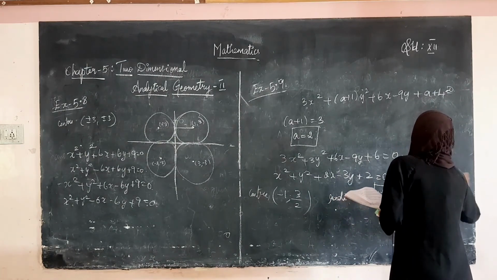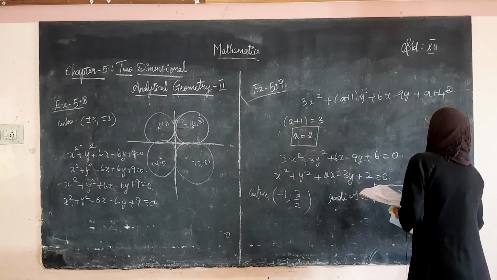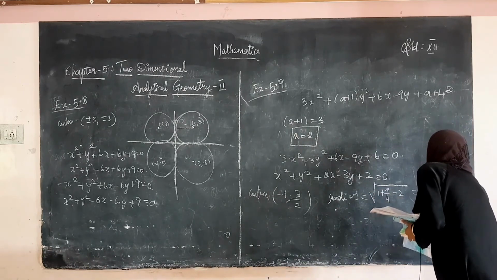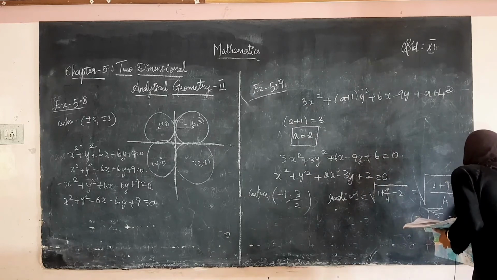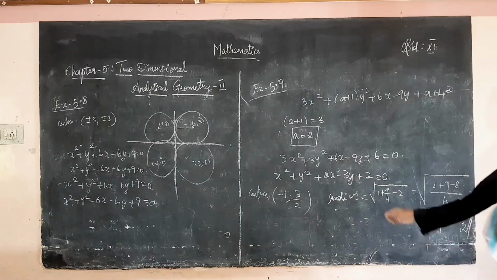Simplify this by taking LCM: (4 + 9 - 8)/4. So, this is equal to root of 5/4, which is root 5 divided by 2. This is the radius and this is the center.